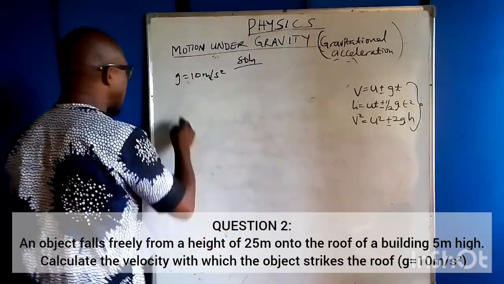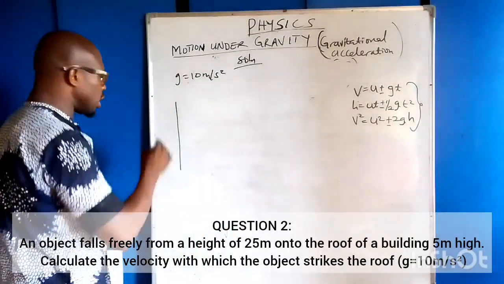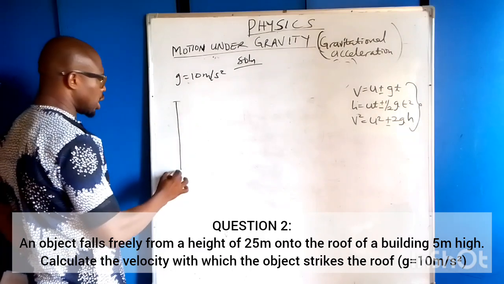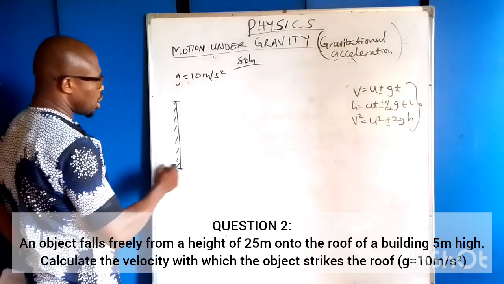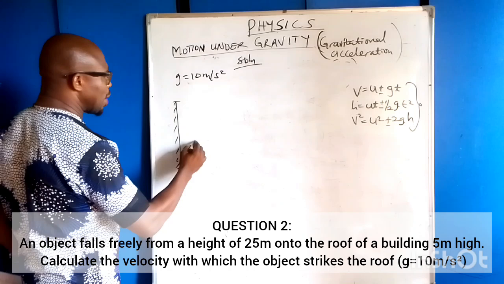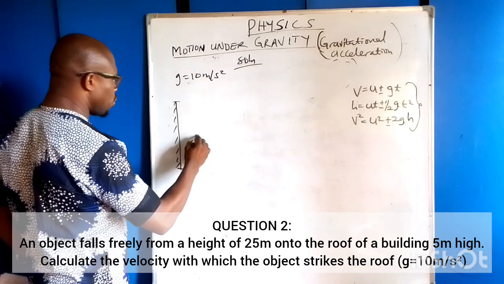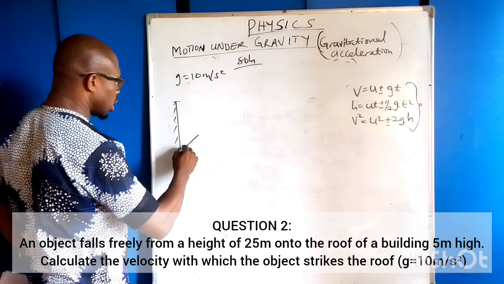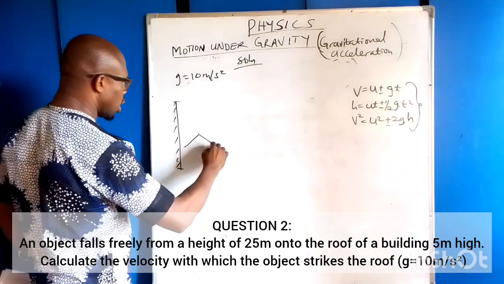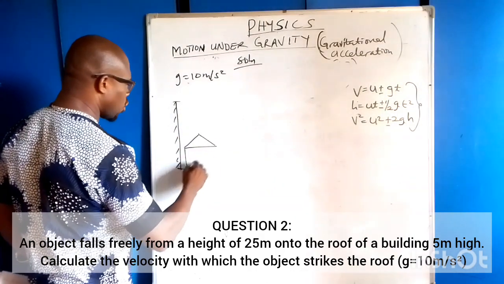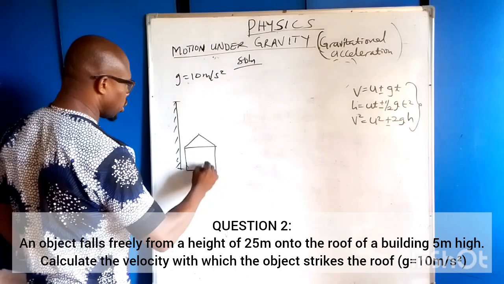It falls from a height. Remember, if this is the height of a building, now there's another building here. Let's say this is the roof of a particular building.